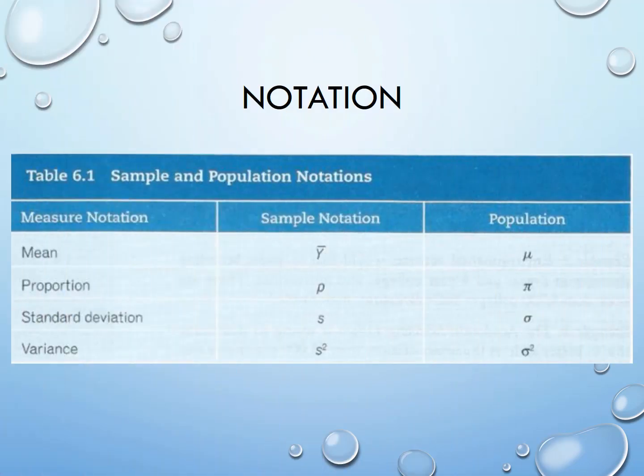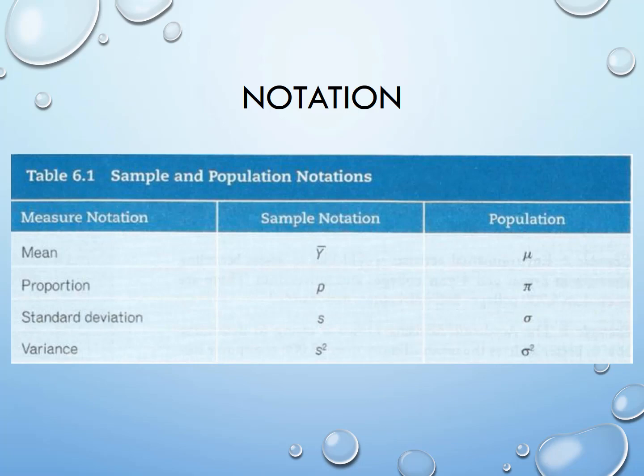The notations for the sample and for the population are different, and we have to make sure that we distinguish, are we talking about a sample or are we talking about a population? When we talk about a sample mean, we use y hat. If we talk about a population mean, we use the lowercase Greek symbol mu.